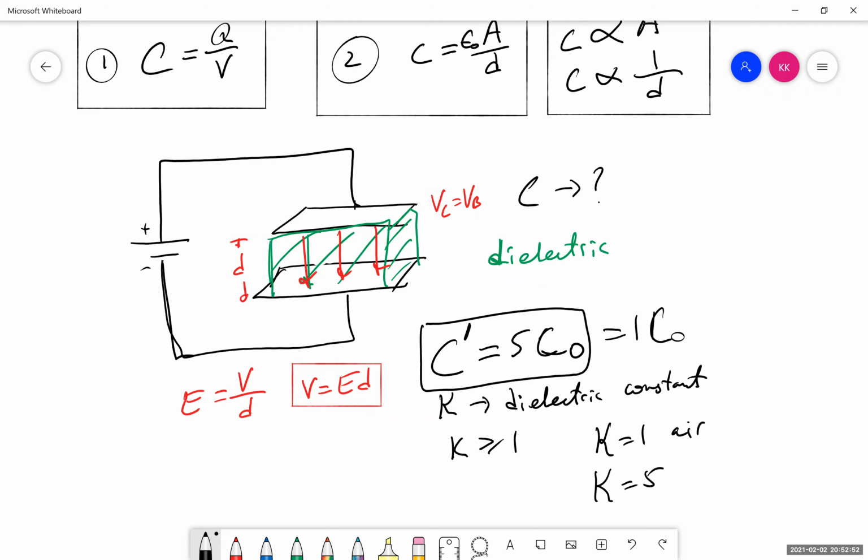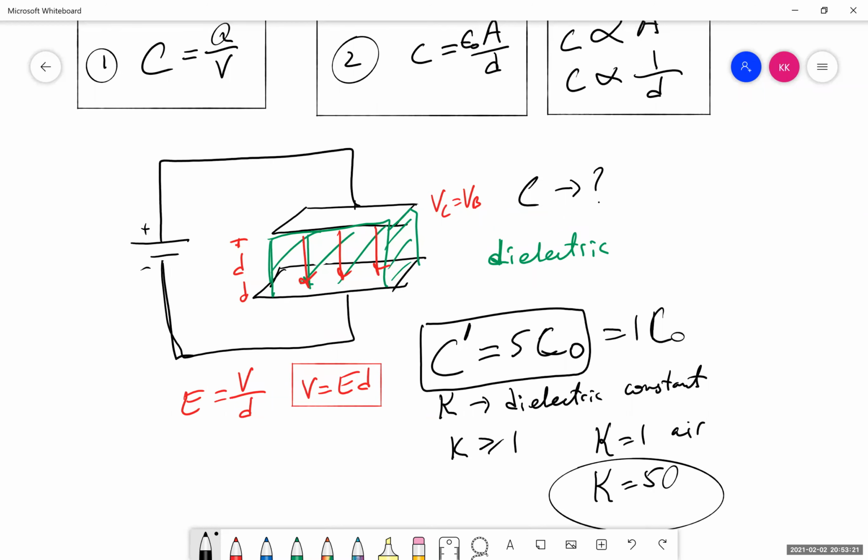Some dielectric materials have a constant of maybe 50, which increases it by 50 times. So without changing the geometry of the capacitor itself, we can change the capacitance by simply adding some insulating material between the plates. And this is also something we're going to be exploring.